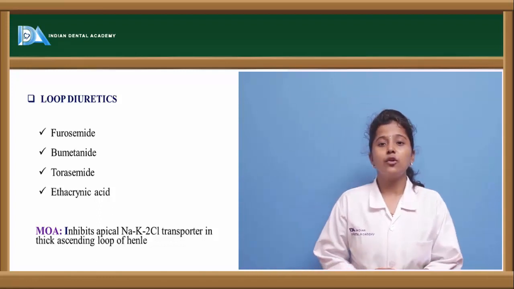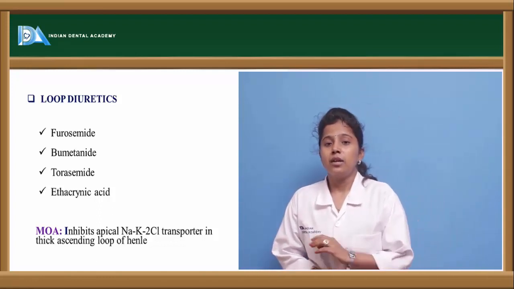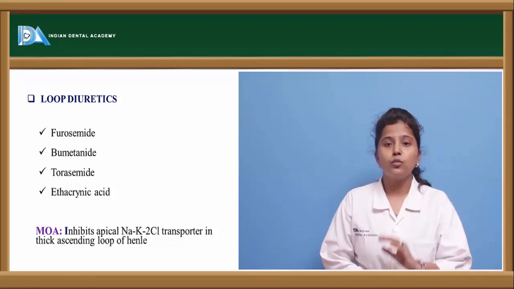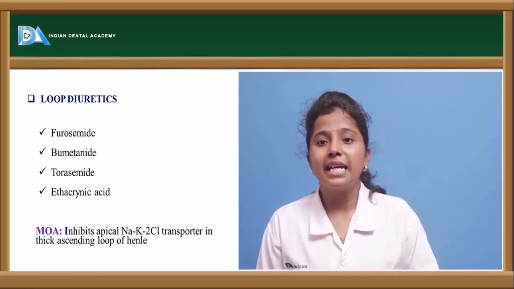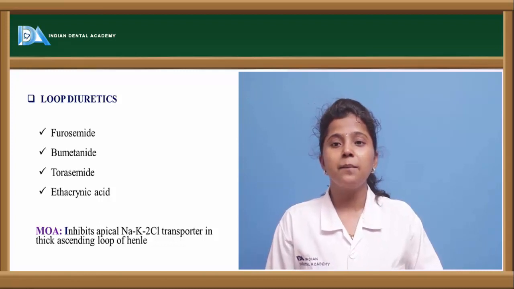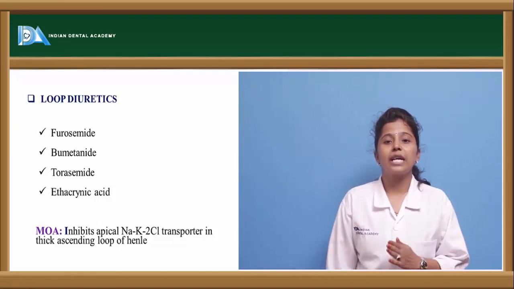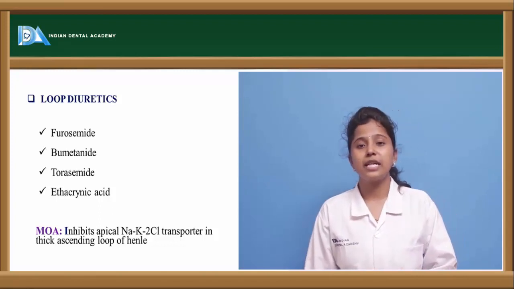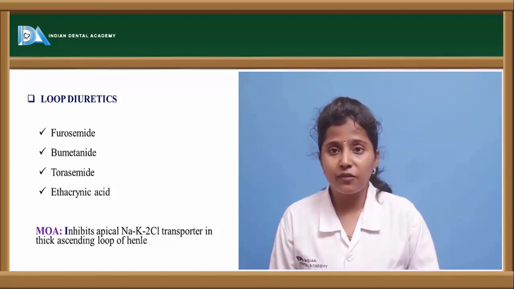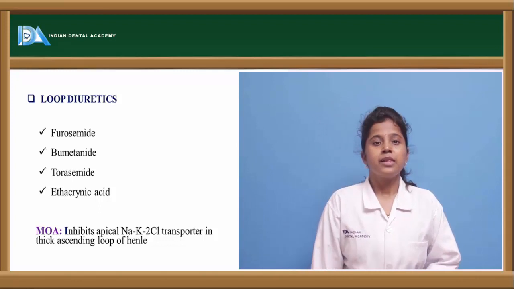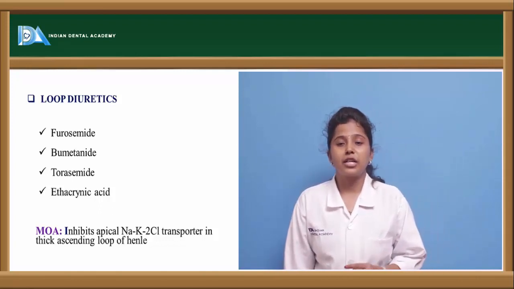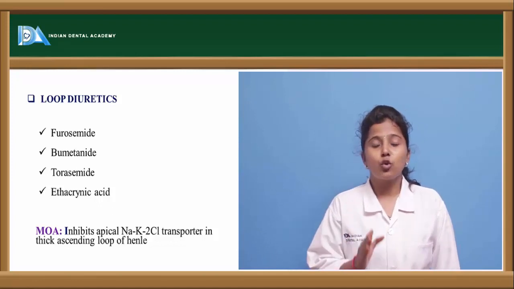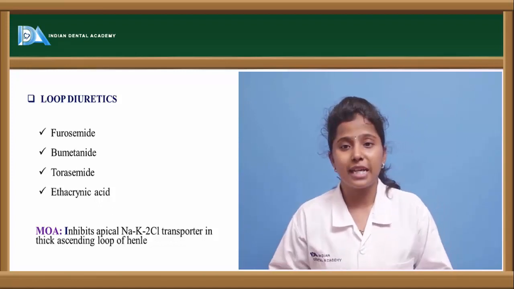This is the site of action of these loop diuretics, and the mechanism of action is that they inhibit the apical sodium potassium chloride transport in the thick region of the ascending loop of Henle. In this region, there is a sodium potassium chloride channel where the exchange of sodium, potassium and chloride takes place.